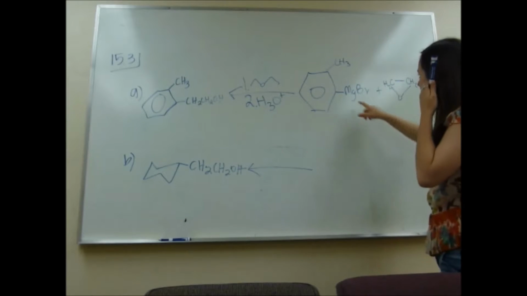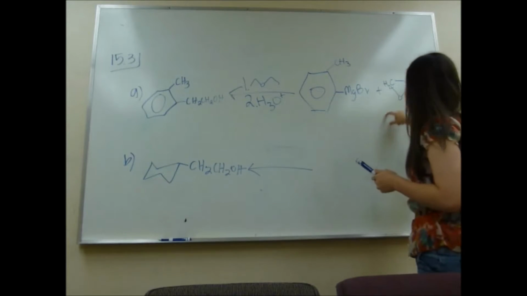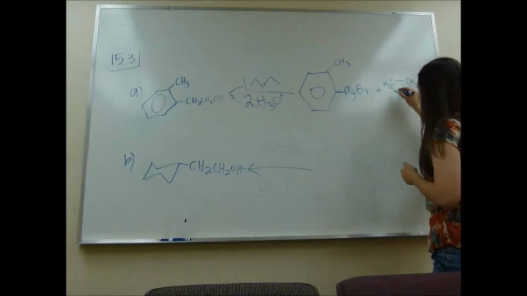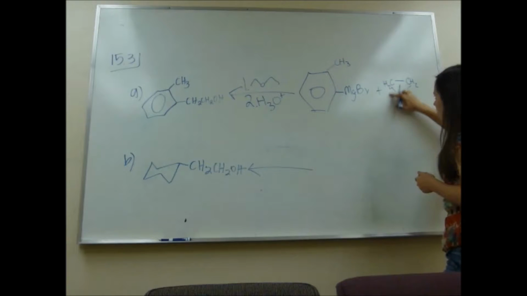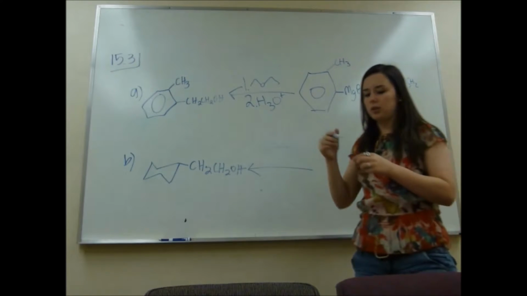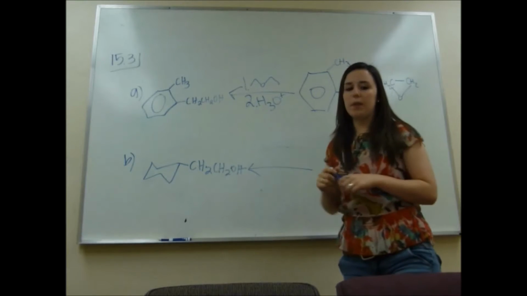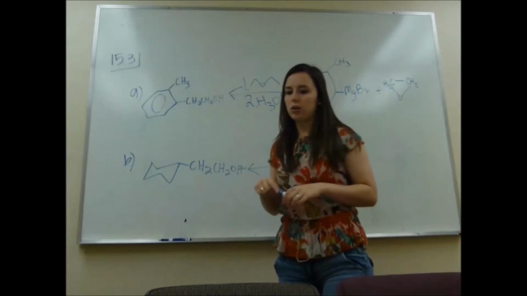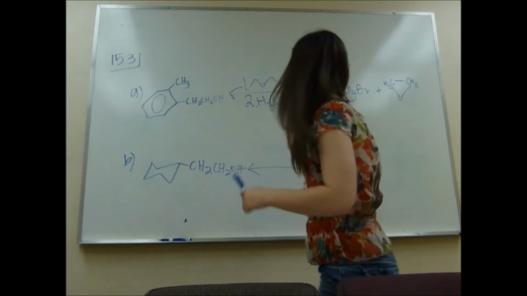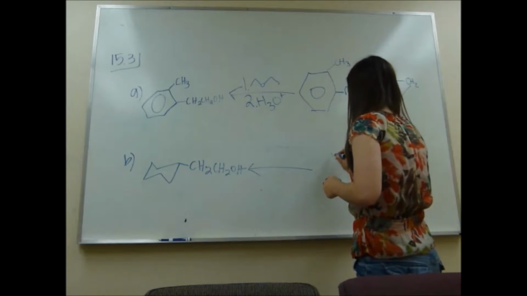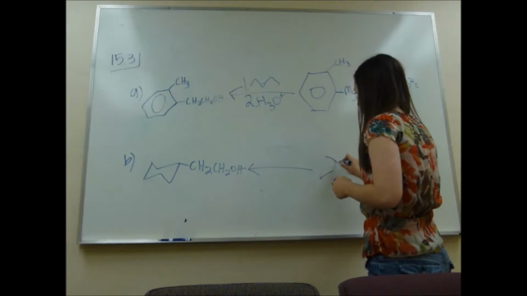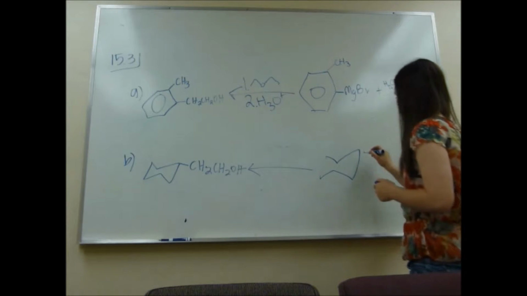Okay, so what happens is the Grignard comes and attacks the carbon, and this comes down, knocks it down, and then in the next step the oxygen gets protonated by the H3O+, turning into an alcohol. For problem B, it's basically the same thing. It's just a cyclohexane this way.